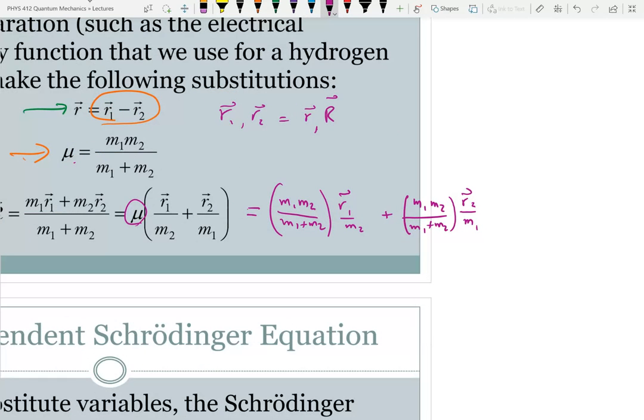This is expanding out the right-hand side of the equation, the one that has reduced mass in it, just so we can see that it comes to be the same thing. Or see if I made a mistake. I mean, it's always an option. It's an option that all too often is true. So now if you look at it, we have M1 times R1 divided by M1 plus M2, and M2 times R2 divided by M1 plus M2. So yes, indeed, they're the same thing.